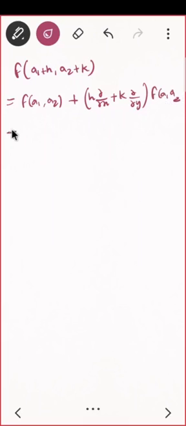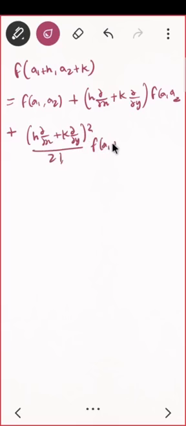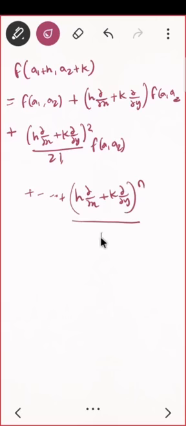Next, plus h dou by dou x plus k dou by dou y the whole square upon 2 factorial f of (a1, a2), and so on. It will be h dou by dou x plus k dou by dou y the whole raised to n upon n factorial f of (a1, a2).